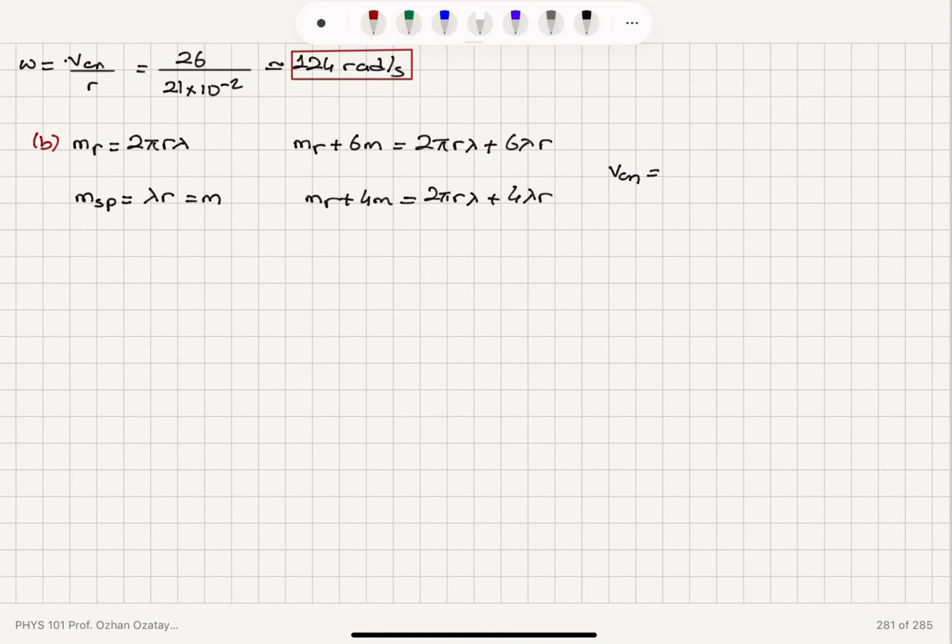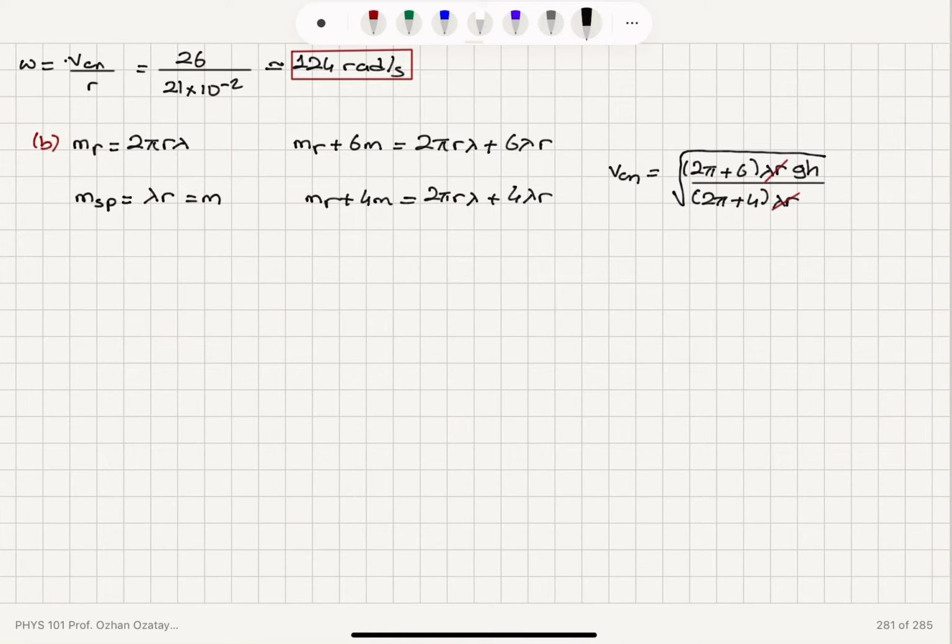So if I substitute, the mass of the rim plus 6m is actually r lambda times (2 pi plus 6), then we have gh divided by r lambda times (2 pi plus 4), and as you can see the lambda r's cancel, and we have the square root as well.